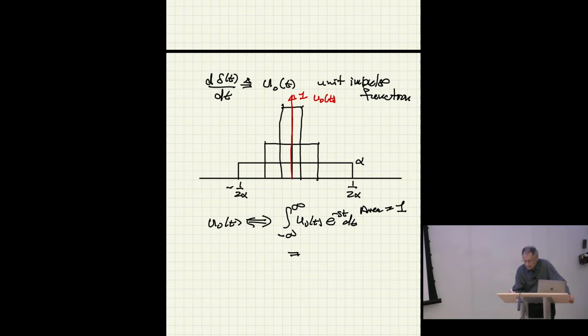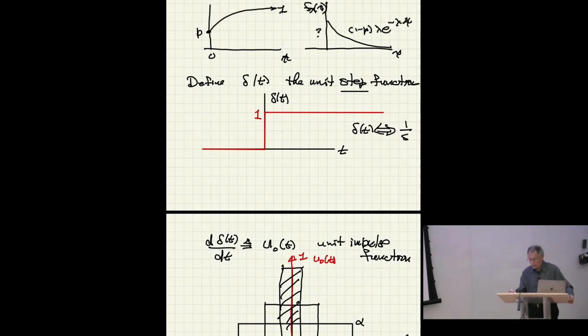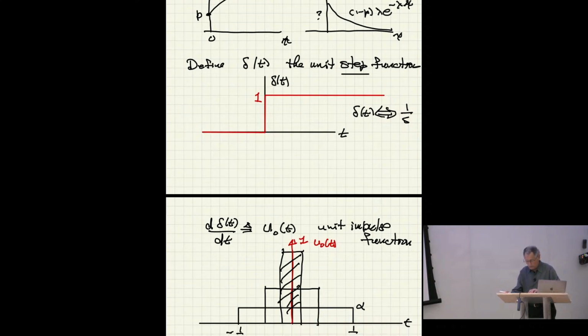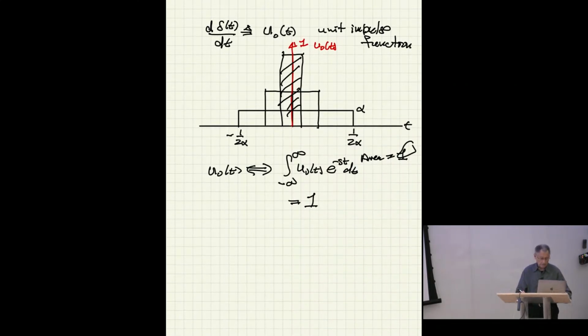So when t is 0, e to the minus st is 1. So I'm integrating this u0 of t, and what is its area? It's 1. So this whole answer is 1. I told you earlier that the transform of the integral of that is 1 over s. The integral of the differential of this is 1. The transform of that is 1.